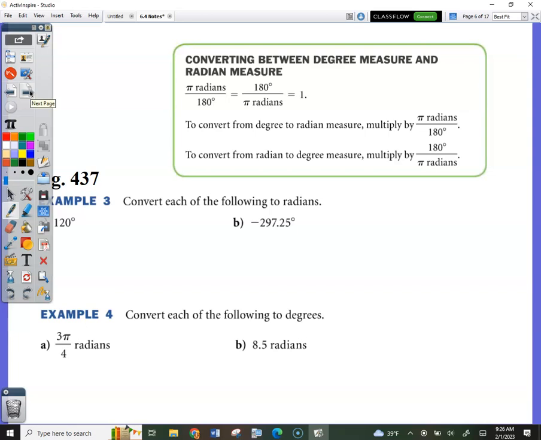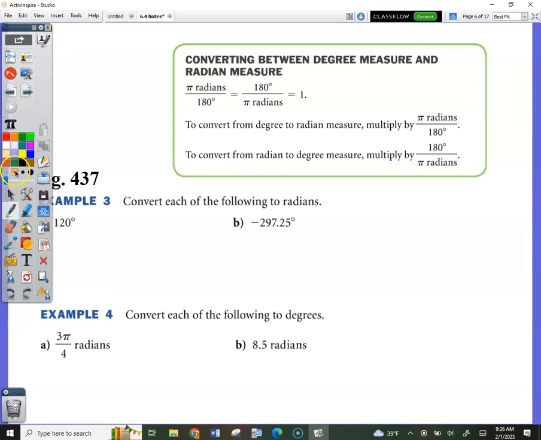What if I want to convert back and forth between degrees and radians, okay? So the relationship is: 180 degrees was what in terms of the radians? Pi, right? So that's your calibration, that's your unit of measurement that you use to convert.